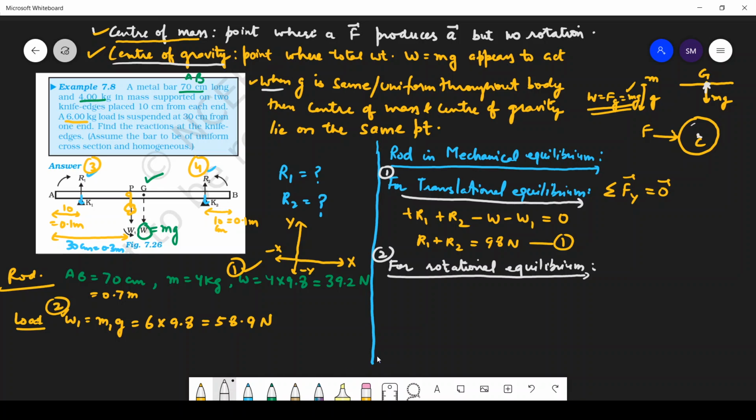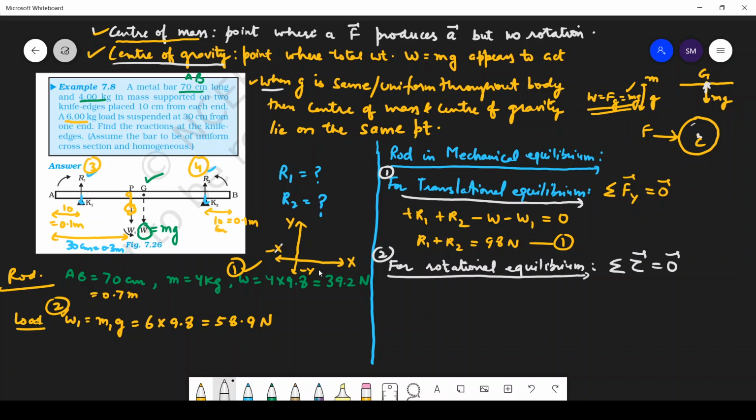So for rotational equilibrium, we'll have the sum of all the moments of forces, means all the torque will be 0. So torque, what is the direction you are going to take? Like here you were taking along the x-axis and y-axis, so upward direction positive, downward negative. But here, what direction you are going to take? So we have to draw that direction over here also, students.